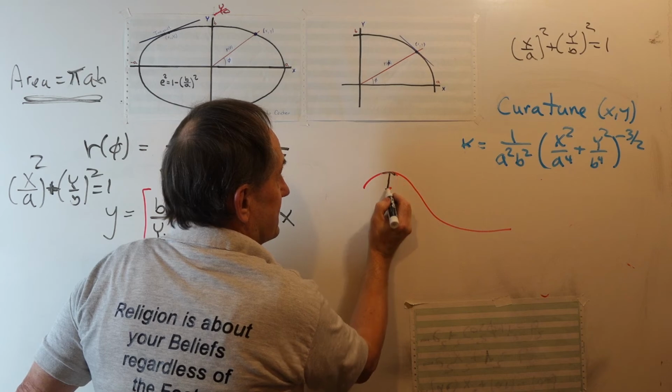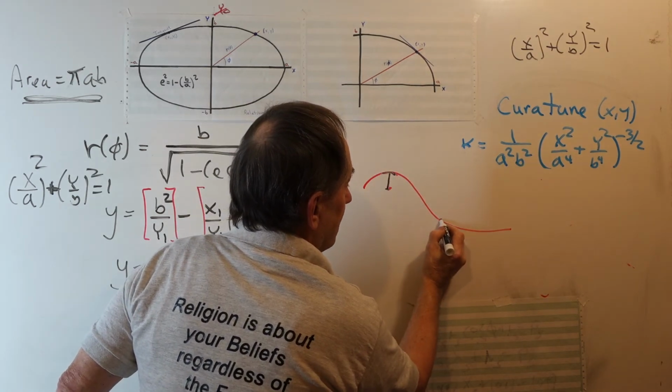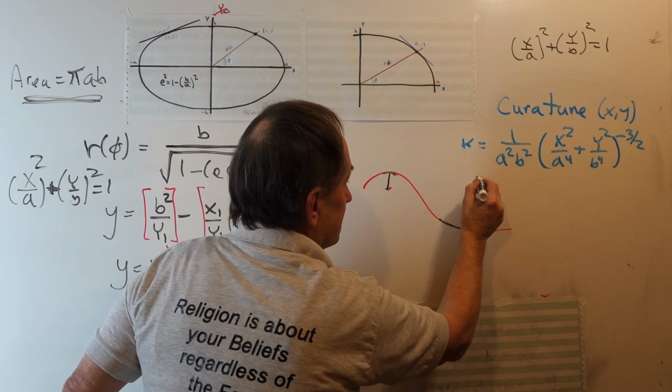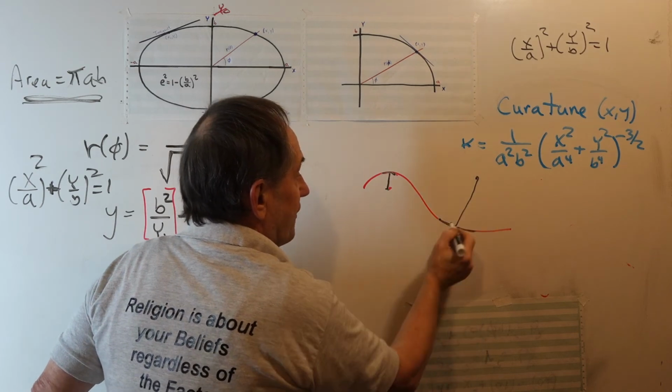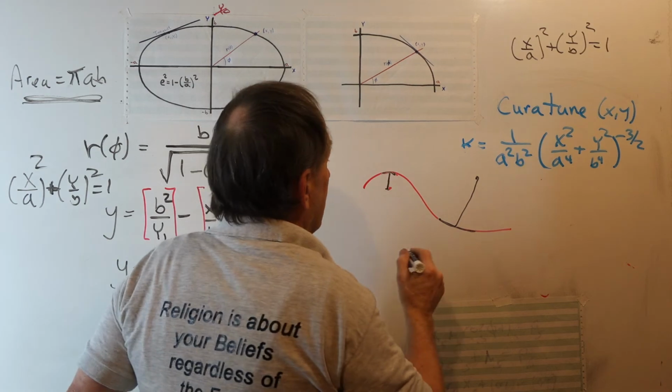And this is the radius of curvature at that point. At this point, the curve is much more gradual, so the radius of curvature at this point will be greater than the radius of curvature at that point, and so on.